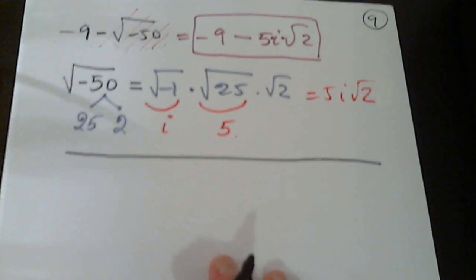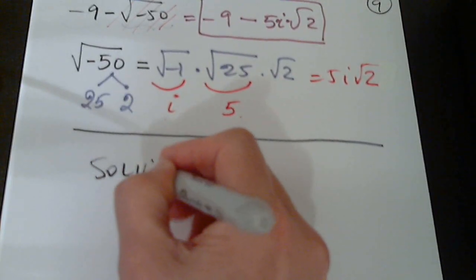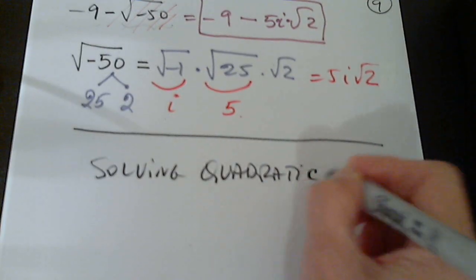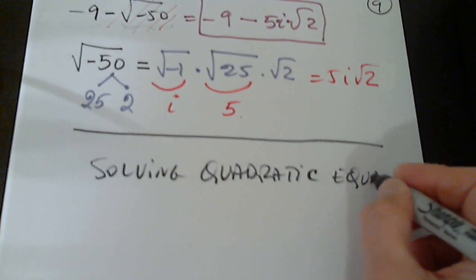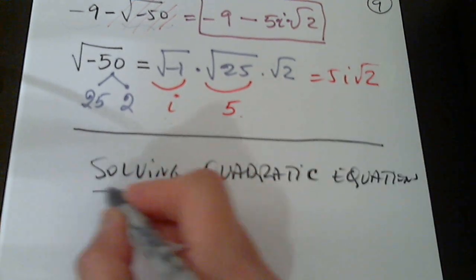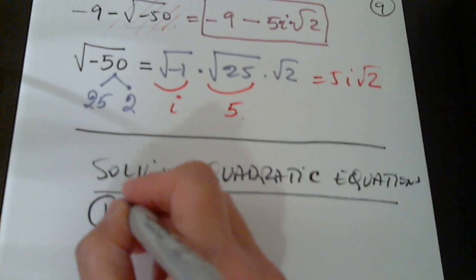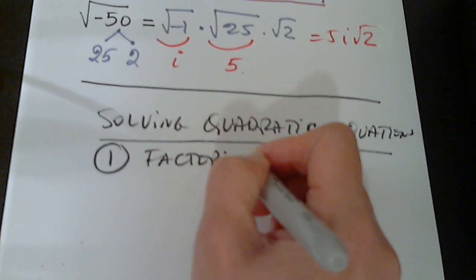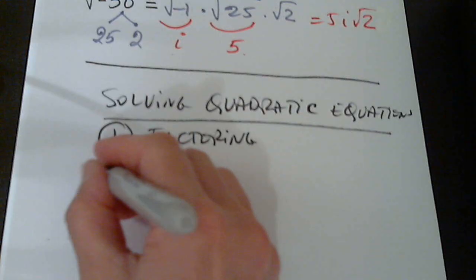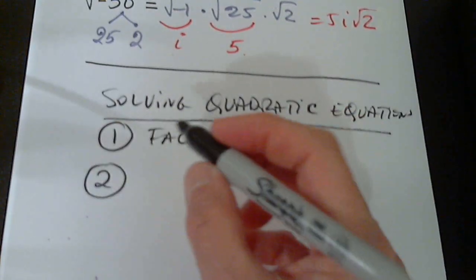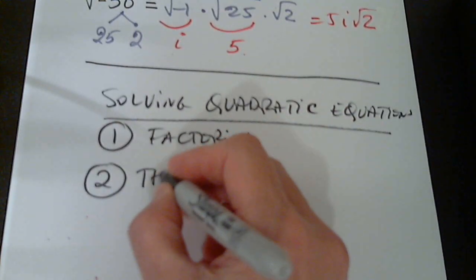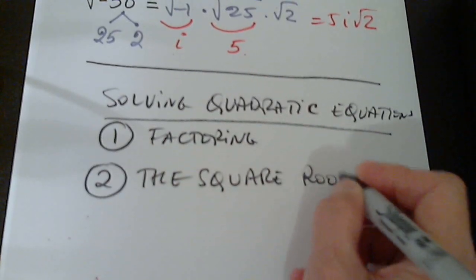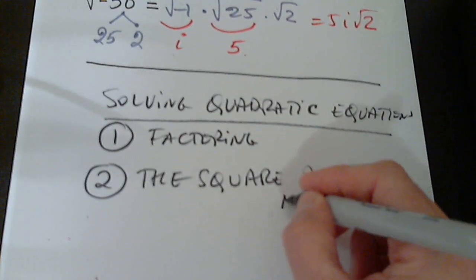Back to solving quadratic equations. The first method was done and over with, factoring. The second method we are going to talk about is called the square root property or method.